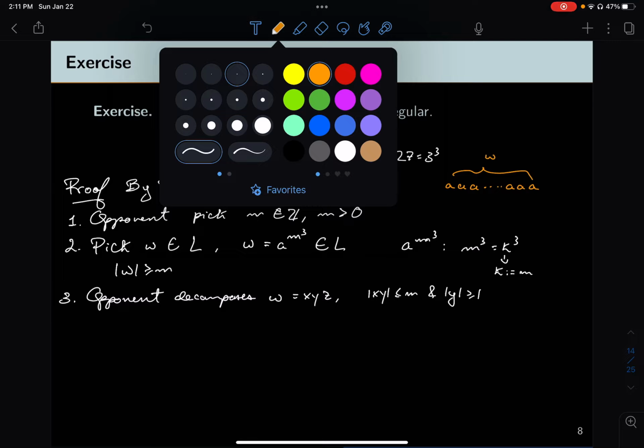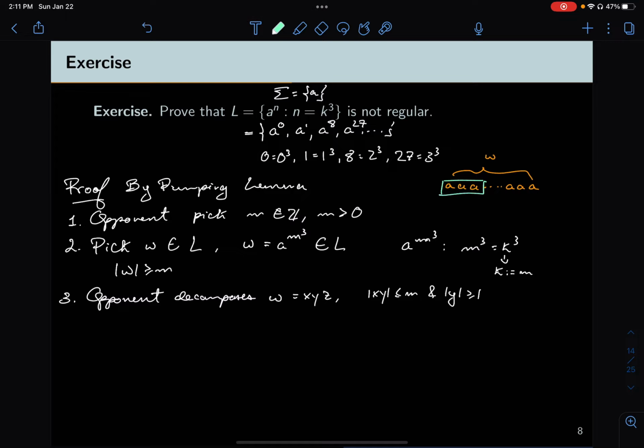And then we know that x is here, and then y is here, and then z is the rest of the string. But clearly y is just some number of A's, so we're going to give that number a particular variable. We'll say y has L number of A's.